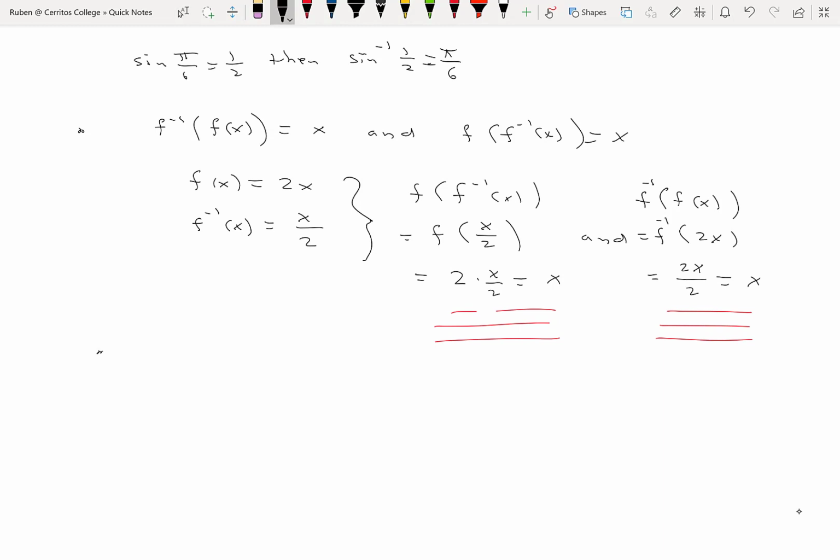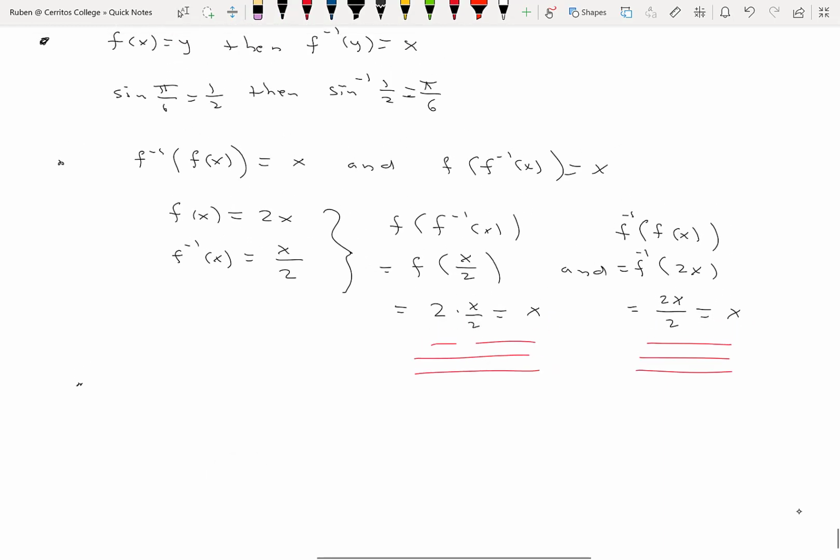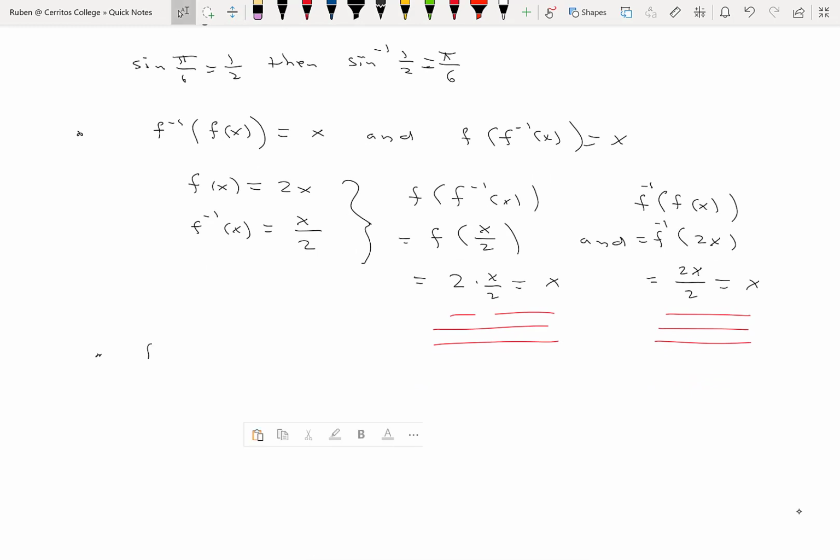The graphs of function and inverse. f and f inverse are always symmetric about y equals x.